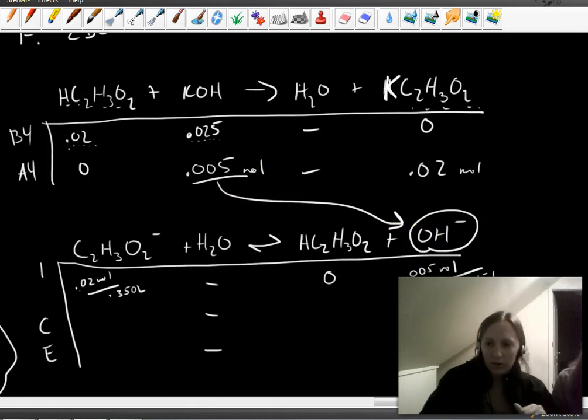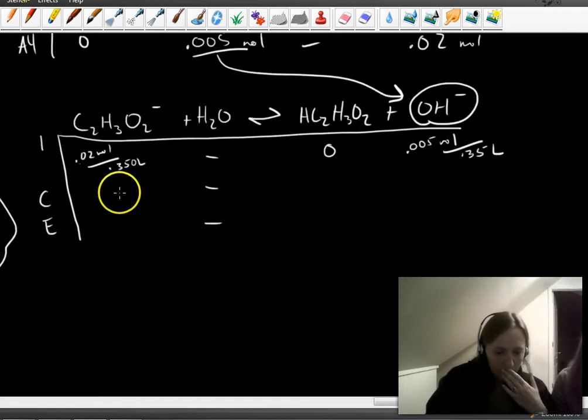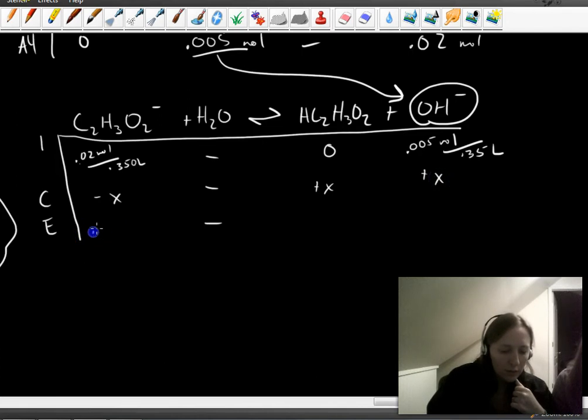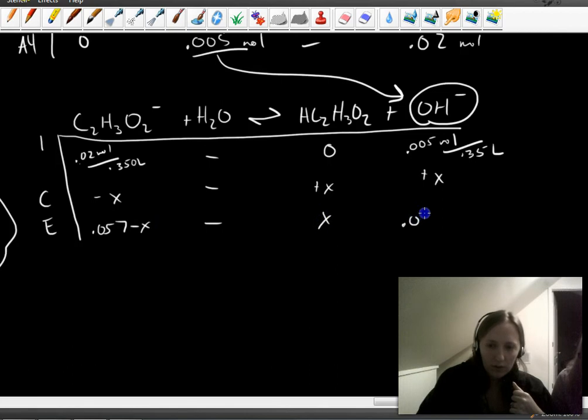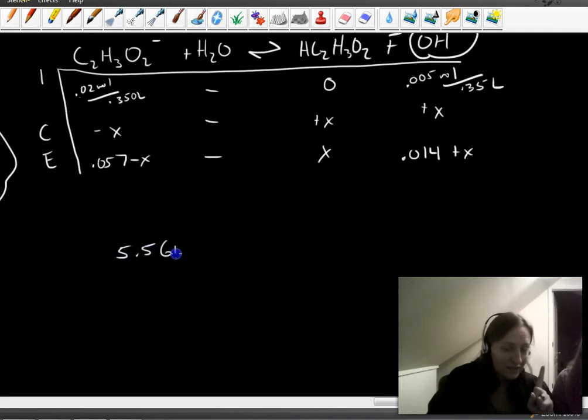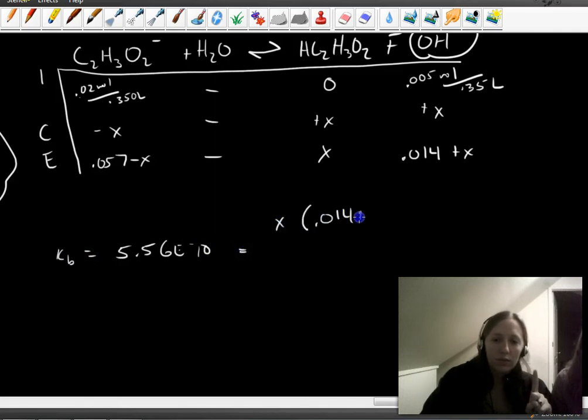All right, so the change: we lose some of this, we gain some of this, we gain a little bit of hydroxide ions, so that's 0.057 minus X, this is X, this is 0.014 plus X. So we do our math with the 5.56 e to the negative 10, which is our Kb, equals X times 0.014 plus X over 0.057 minus X. We can discard.